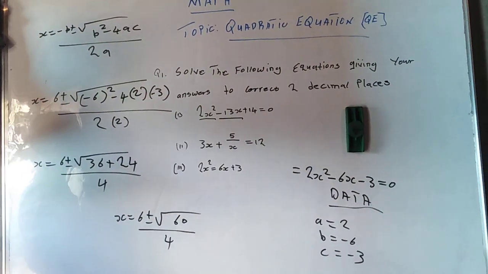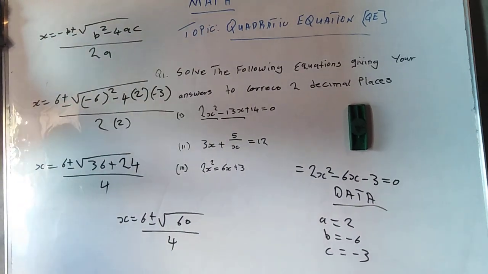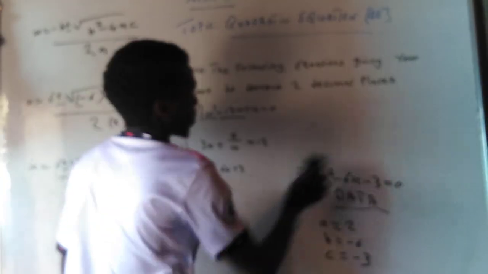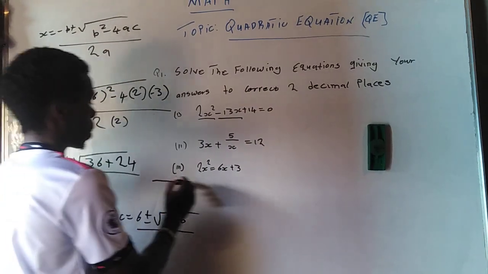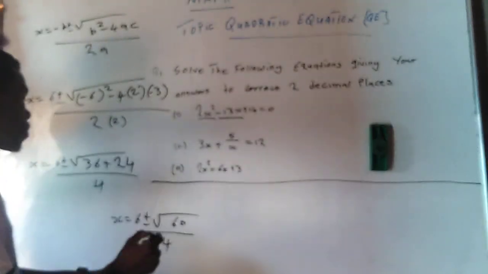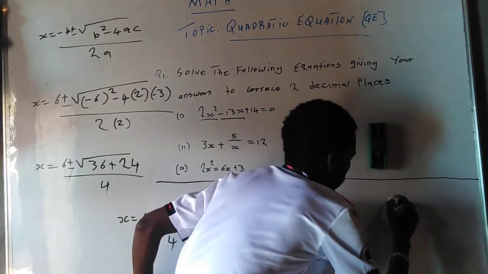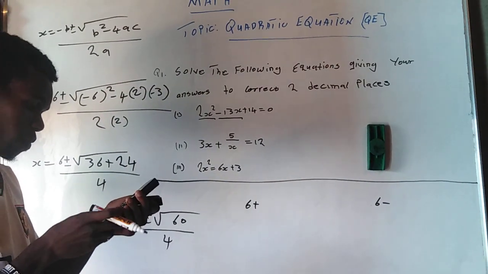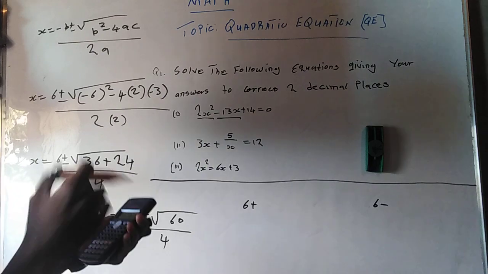So at this level you come up with the square root of 60. The square root of 60 is 7.745966692.